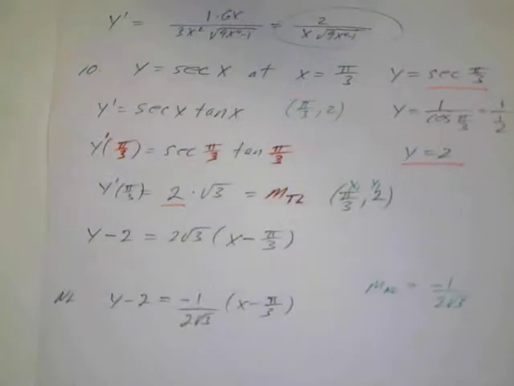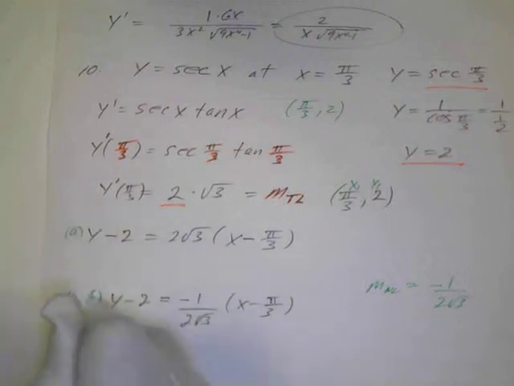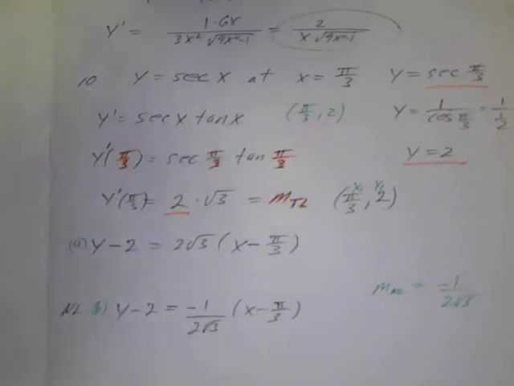So there's your normal line: y minus 2 equals negative 1 over 2 times the square root of 3 times x minus pi over 3. So that was the A and the B part. Okay, this was A, this was B. I hope that makes sense, and I hope it helps.